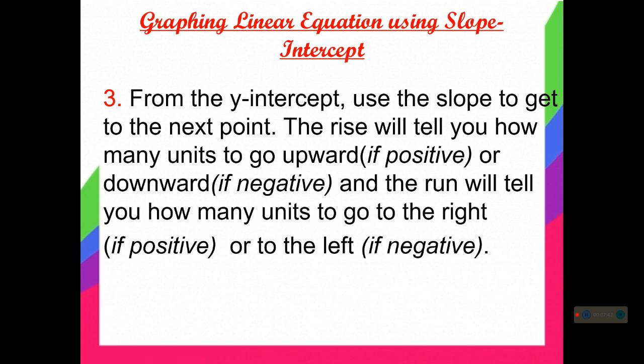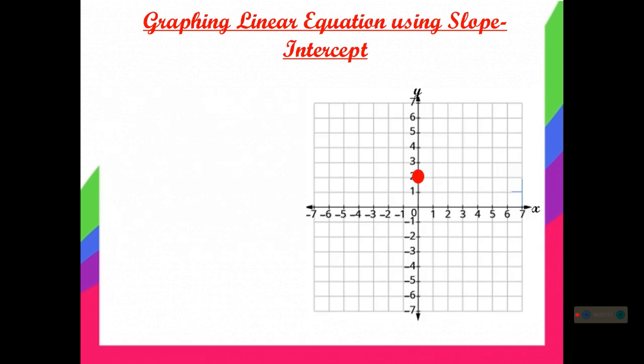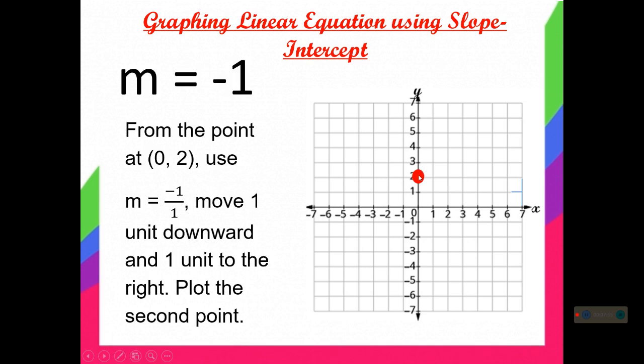Then after that, again, use the slope from that given point to get the second point. We have m equal to negative 1. So from the point (0, 2), you are going to use the slope negative 1. We move 1 unit downward because it is negative 1, and then 1 unit to the right, because you have the positive 1 as your denominator.